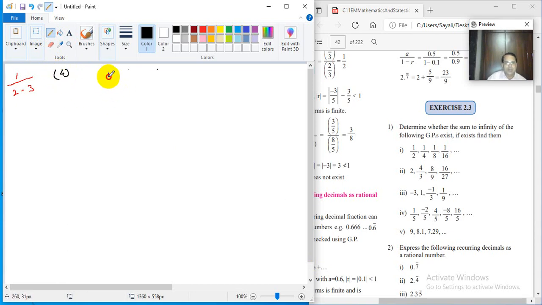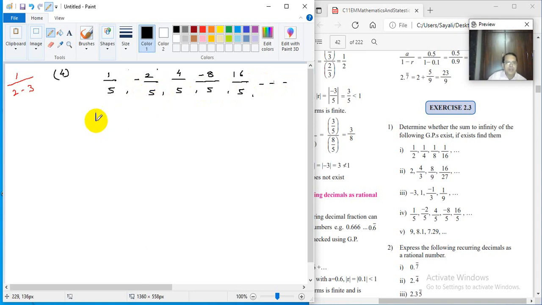See, the terms are 1 upon 5, then minus 2 upon 5, then 4 upon 5, then minus 8 upon 5, 16 upon 5, and so on. These are the terms.